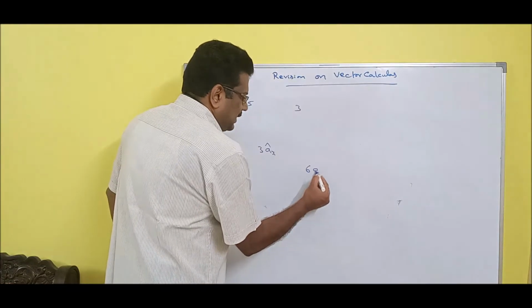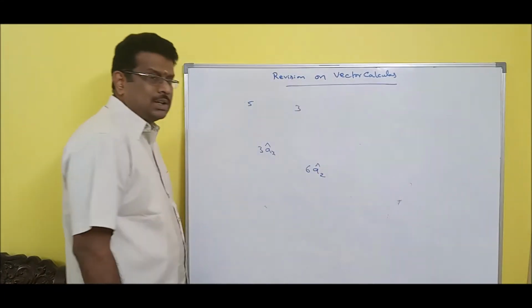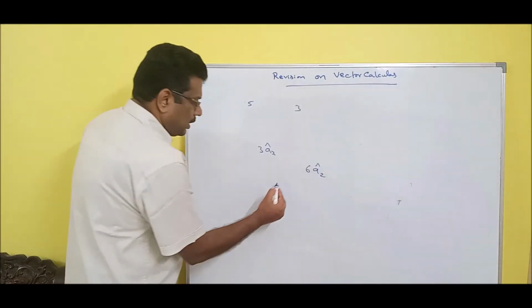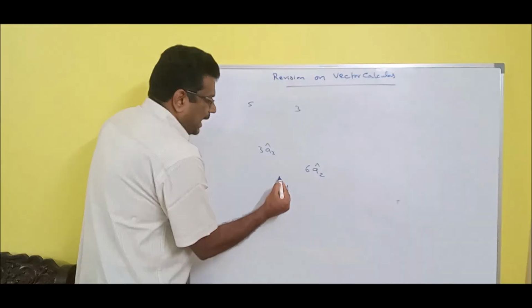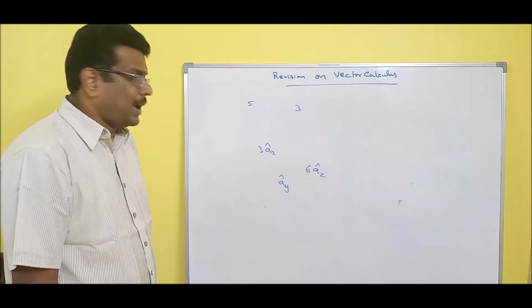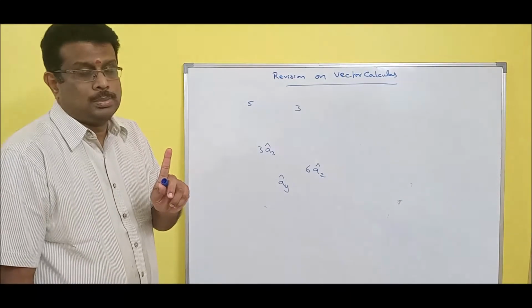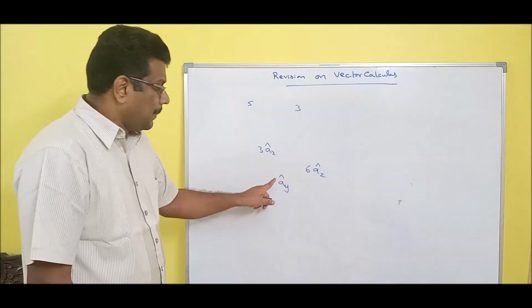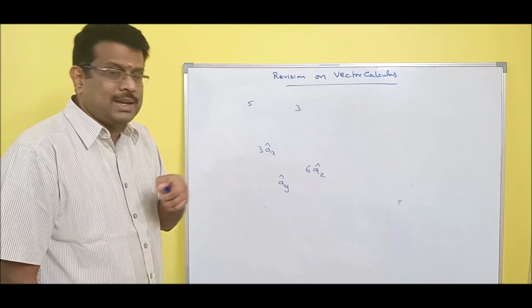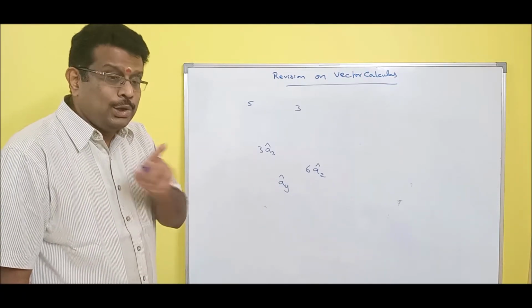6az cap, which direction? Z direction. What is the magnitude? 6. ay cap. What is the direction? Y direction. What is the magnitude? 1. Please don't say there is no magnitude. The magnitude is 1. Since the magnitude is 1, it is called a unit vector.